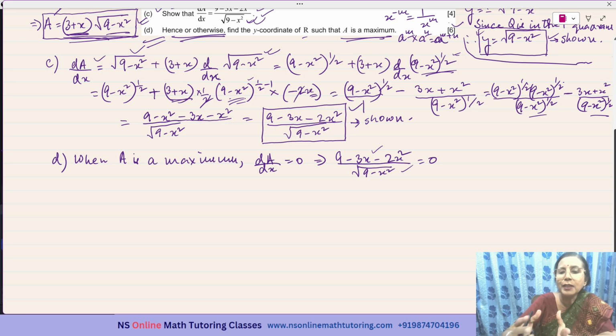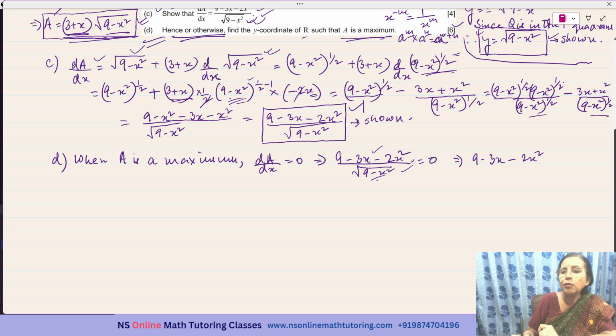If we multiply the entire equation by square root of 9 minus x squared, this left hand side will be just 9 minus 3x minus 2x squared, because this will get cancelled, and 0 times square root of 9 minus x squared is 0. So whenever a fraction is equal to 0, that implies the numerator is equal to 0. Okay. So this implies the 9 minus 3x minus 2x squared is equal to 0.